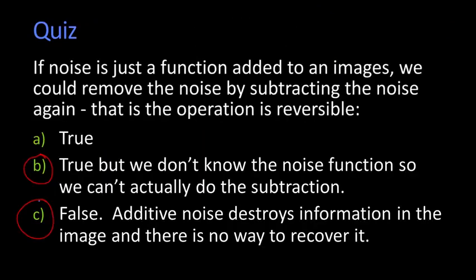But suppose you have a limit between 0 and 255, or even 0 to 1. If your noise pushes you beyond the limits and you clip, you've lost that information. So sometimes when you add noise, you get these nonlinearities. But in general, we can't remove the noise because we don't know what the noise was. If we did, we could just subtract it.